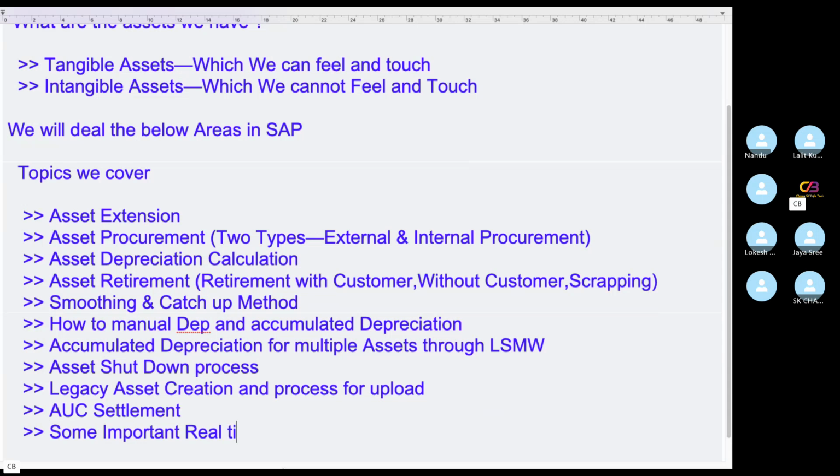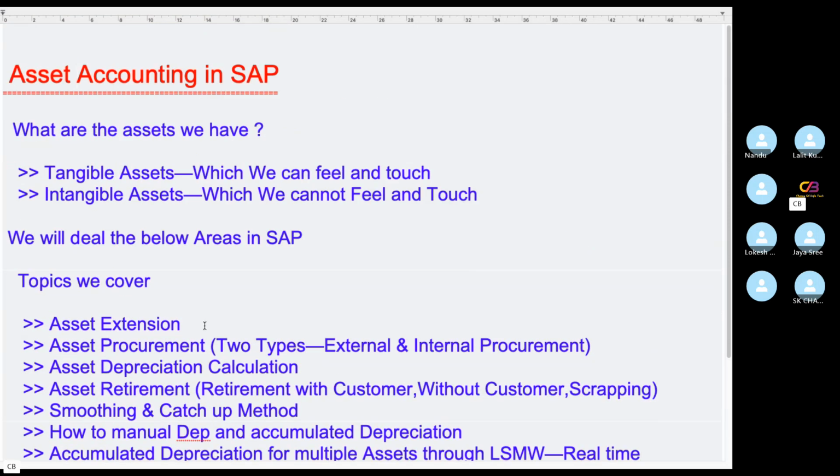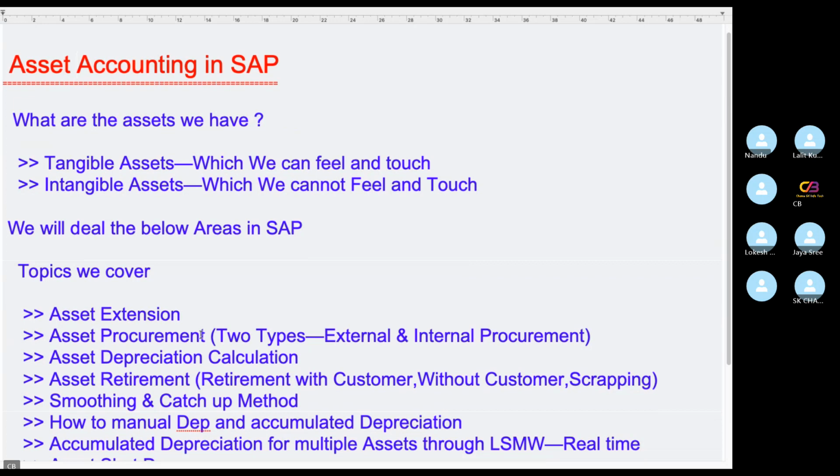This is one important real-time scenario. For interview point of view, we'll discuss. And these are the coverage in asset accounting particularly.